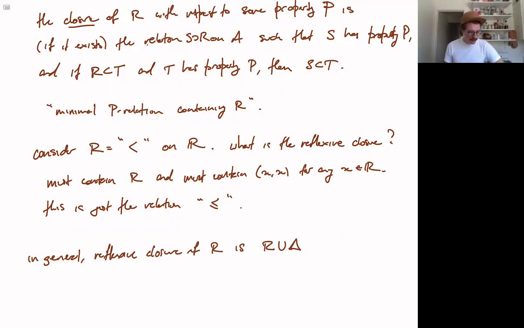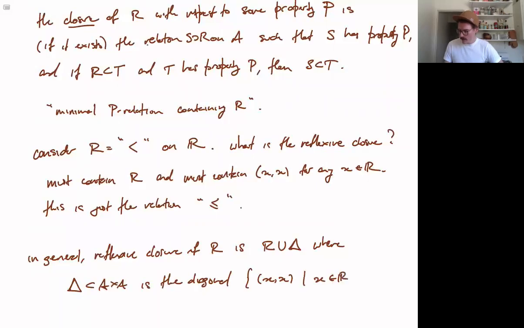And what does it mean? It stands for delta, where delta is the diagonal, which is essentially what we wrote right here. So it's (x, x) for any x in the real numbers.